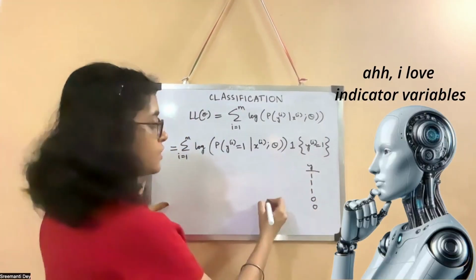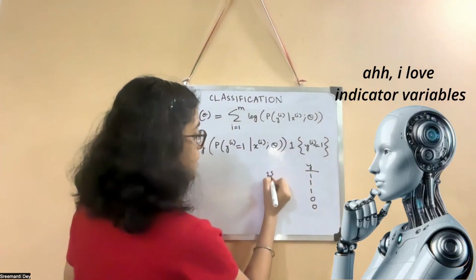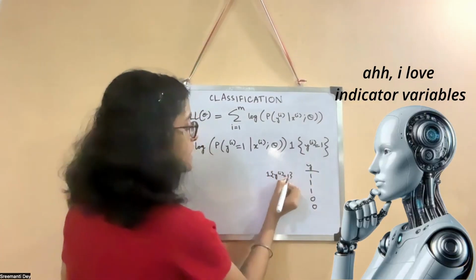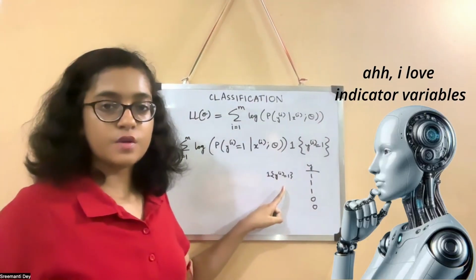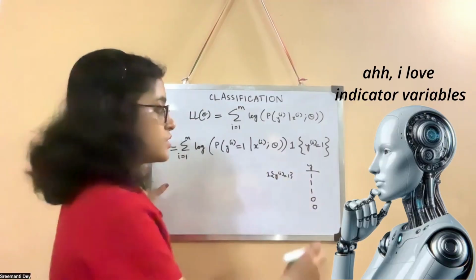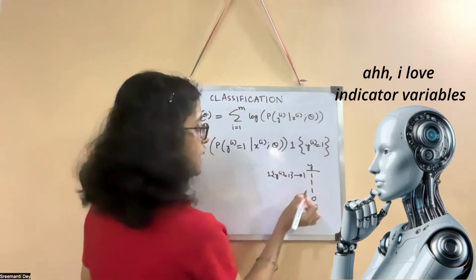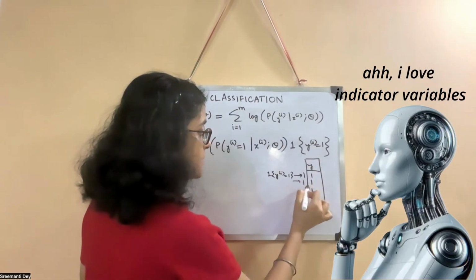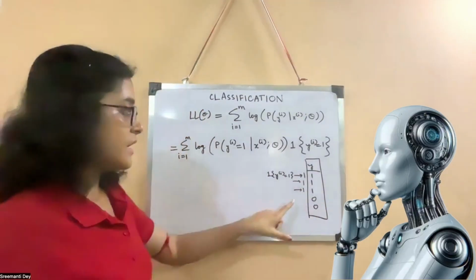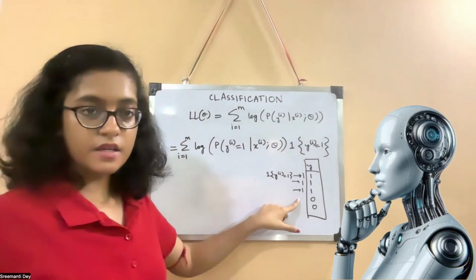So if we do here the indicator of yi equal 1, this means whether y is equal to 1 or not. So this is true, so this will take the value 1. Here also it will take the value 1. Here also it will take the value 1. Now here, is yi equal to 1?